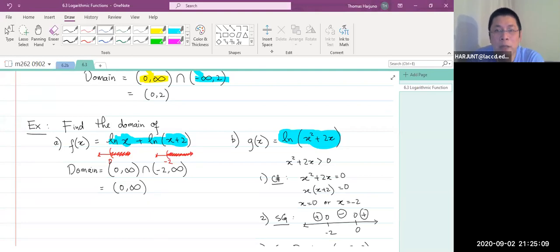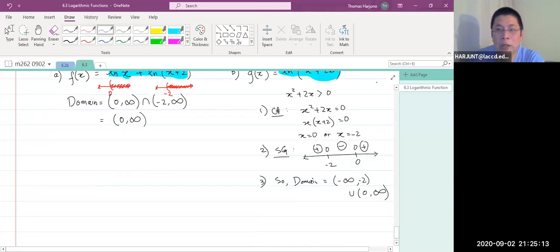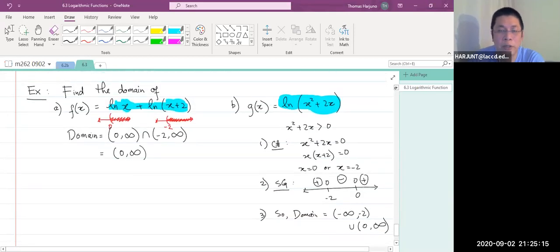Can I explain that again? It has something to do with the requirement that the argument has to be positive. What happened here? The x has to be positive. X plus 2 also has to be positive. So both of them have to be positive. Now what happened here?